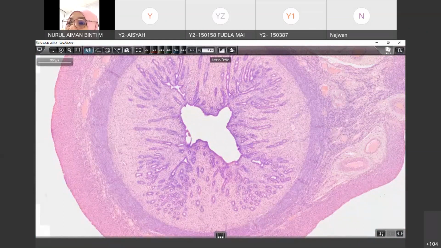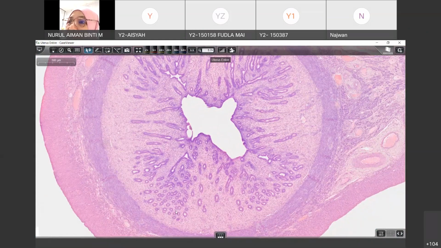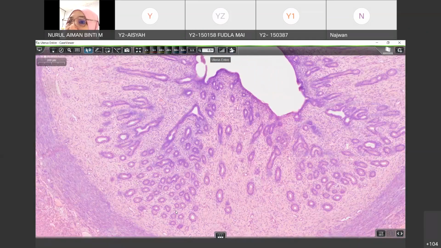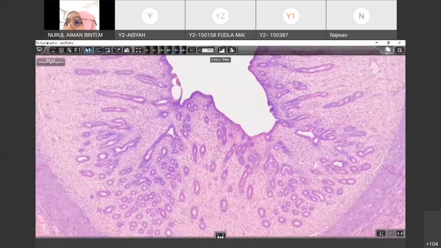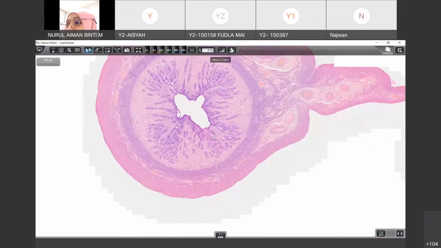The ectocervix is lined by what? Stratified what? Squamous epithelium, very good, non-keratinized. So that is the ectocervix, and this is part of the endocervix.